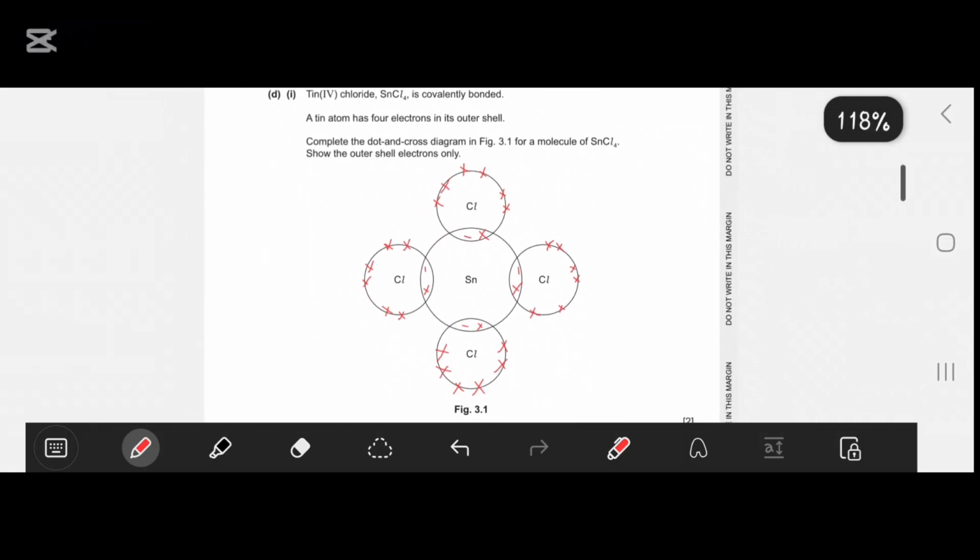Here we have a dot and cross diagram, and he said for us to complete the outer shell electrons. In these types of compounds, first of all, they will be covalent compounds only. How did we know they're covalent? Non-metals react together to share electrons. They do not give or take, they only share electrons.